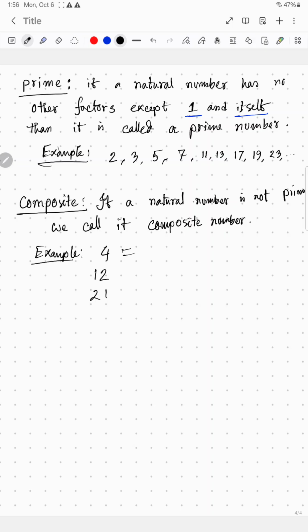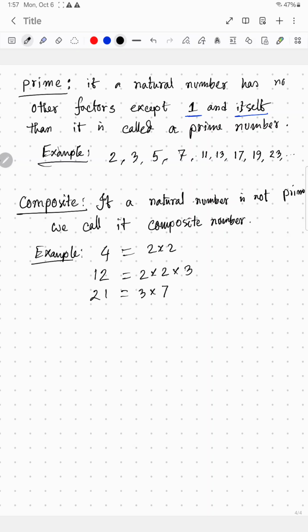Alright. Any composite number can be written as a multiplication of primes. It's called prime factorization. Like 4 can be written as 2 times 2. 12 can be written as 2 times 2 times 3. 21 can be written as 3 times 7.